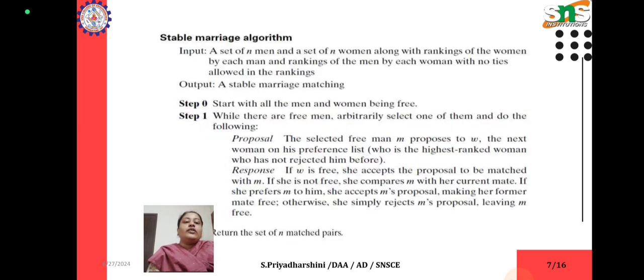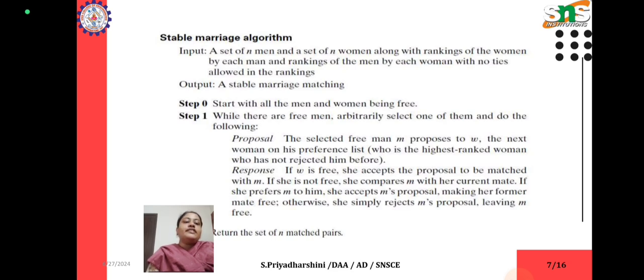So let's see the algorithm. Input: a set of n men and a set of n women along with rankings of the women by each man and rankings of the men by each woman, with no ties allowed in the rankings. Output: a stable marriage matching. Step 0: start with all the men and women being free. Step 1: while there are free men, arbitrarily select one of them and do the following.